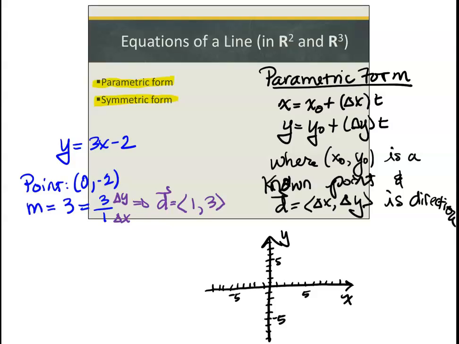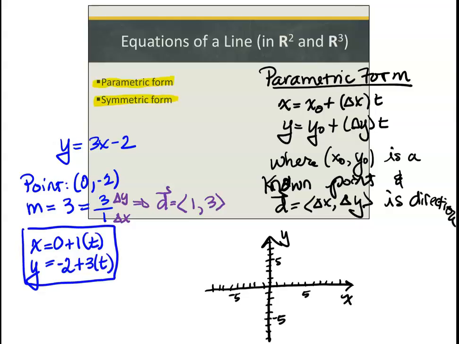So the equation for my x coordinate is my known x value, which is 0, plus my change in x, which is 1, t, and my y equation is my known y value, that's -2, plus my change in y, which is 3, t.